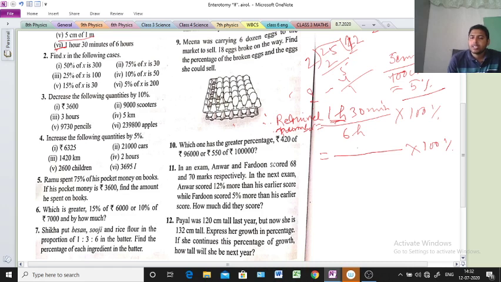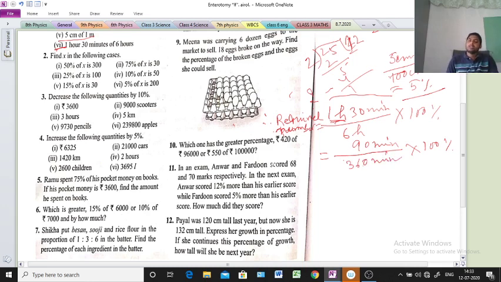So 60 plus 30, total 90 minutes. So 1 hour 30 minutes equals 90 minutes. And 6 hours we also convert into minutes. 1 hour equals 60 minutes, so 6 hours equals 6 sixes are 36, means 360 minutes.